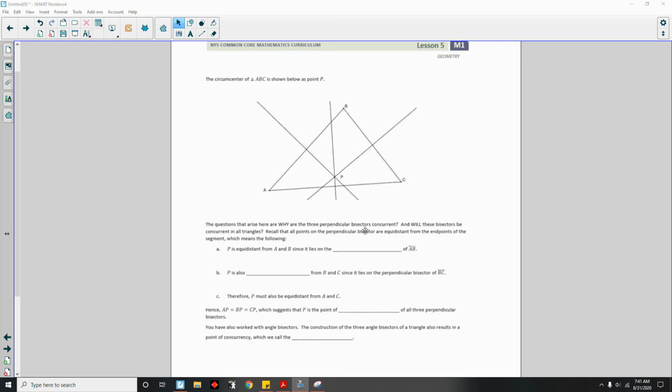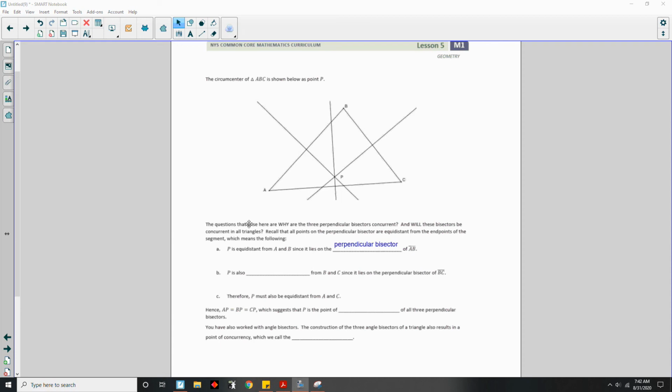And will the bisectors be concurrent in all triangles? Recall that all points on the perpendicular bisector are equidistant from the endpoints of the segment, which means the following. P is equidistant from A and B, since it lies on the perpendicular bisector of AB.